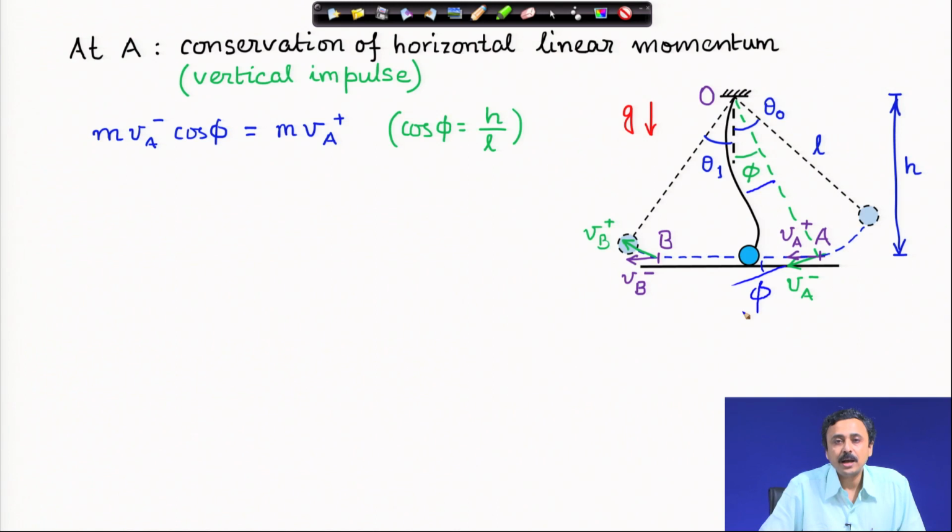Therefore, mass times V A minus cos phi is equal to mass times velocity of A just after the impulse, because after the impulse it is horizontal only. V A plus is horizontal, and I can calculate cos phi as h over L, straightforward geometry.